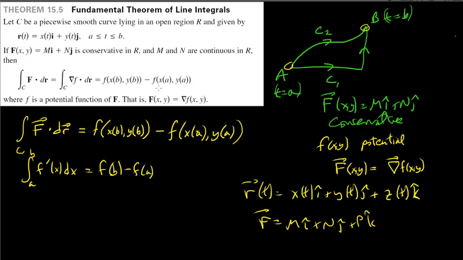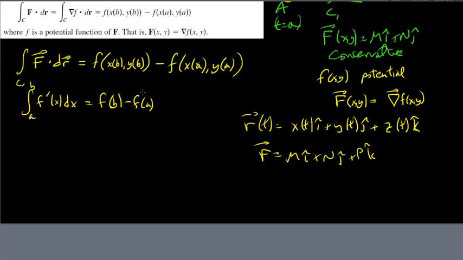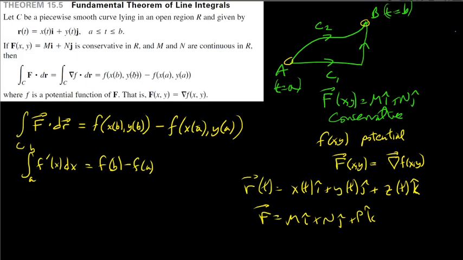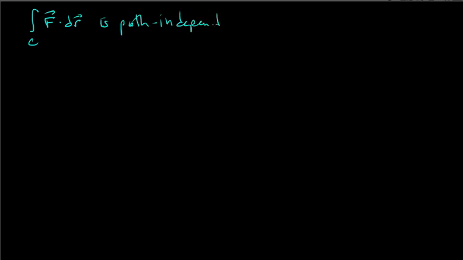And using this, what we can do is show, oh, I guess I'm out of space. All right, so we can go way back up here now. I mentioned a few statements earlier: that the line integral is path independent if f is conservative.